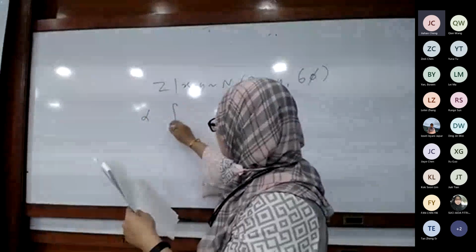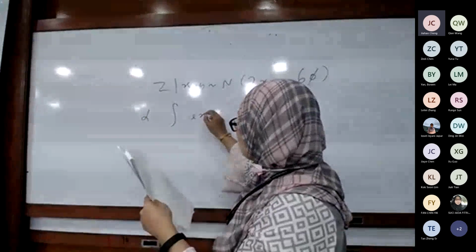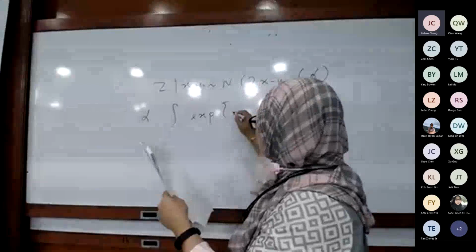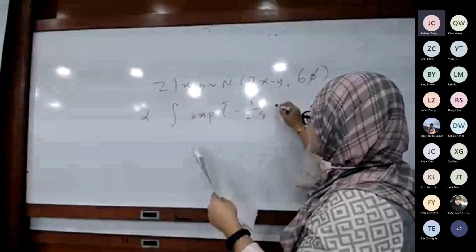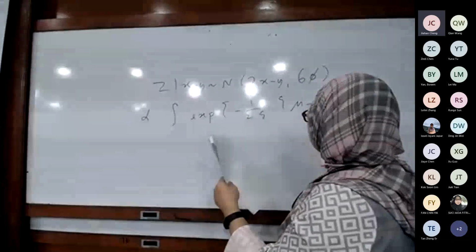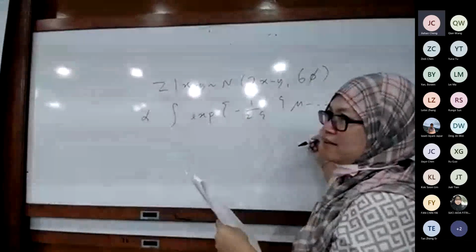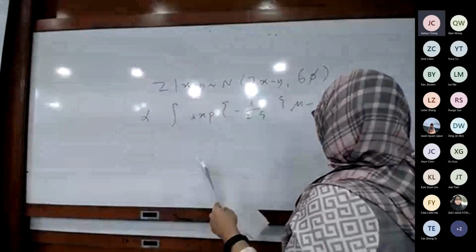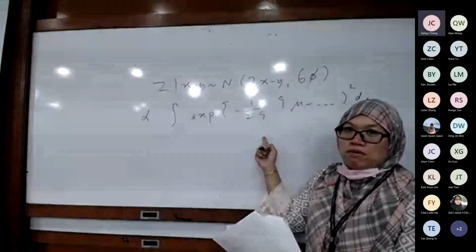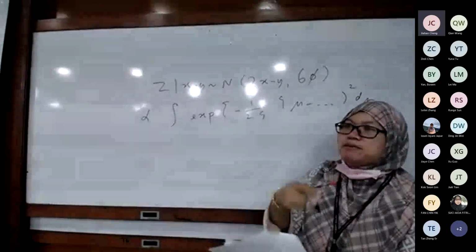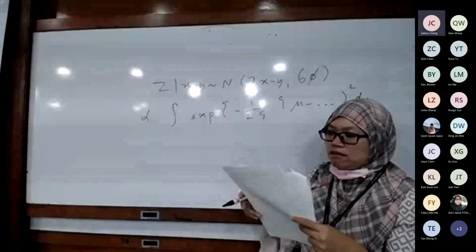You need to get something over the variance, and then mu minus something, squared, then d mu. Then only you can integrate out your mu. I think this is the part where she did wrong.